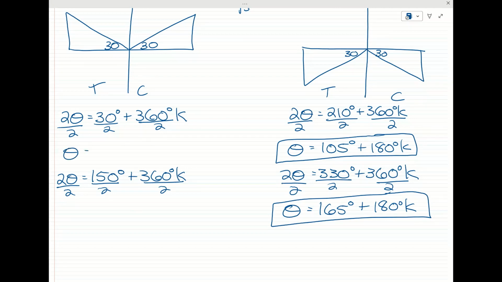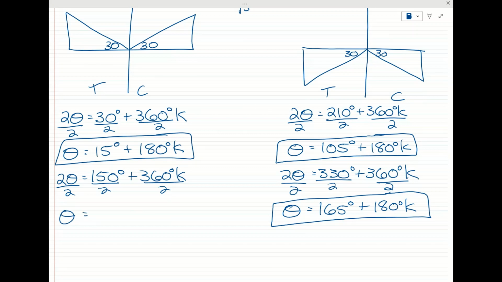This one would give us theta is equal to 15 degrees plus 180K. And this one would be theta is equal to 75 degrees plus 180K.